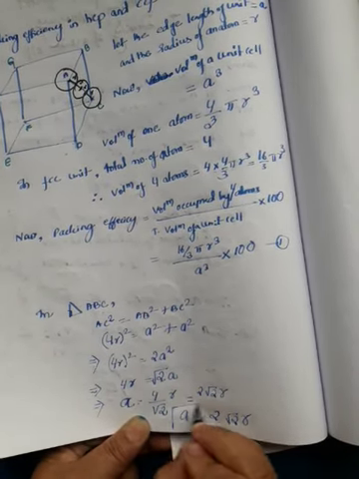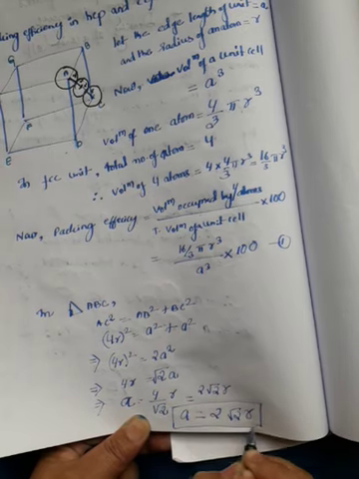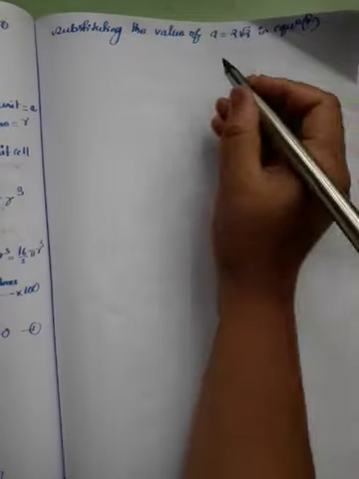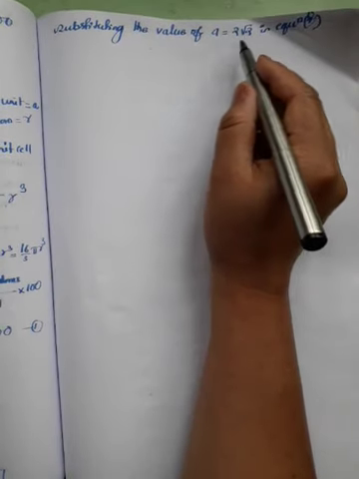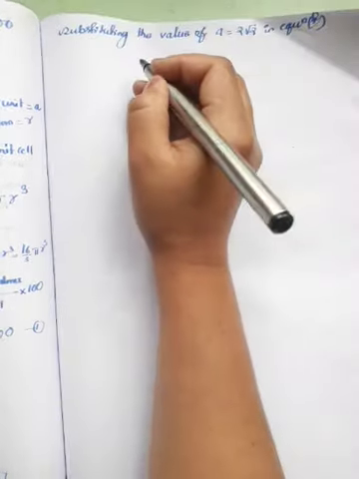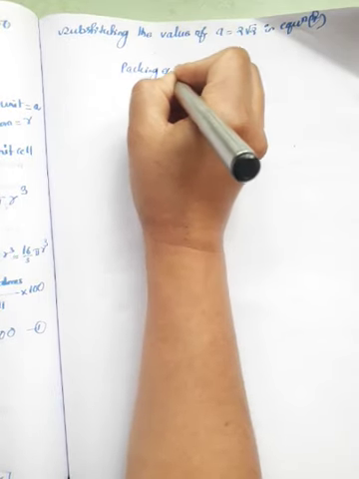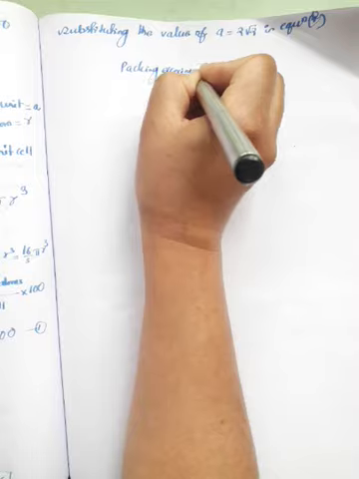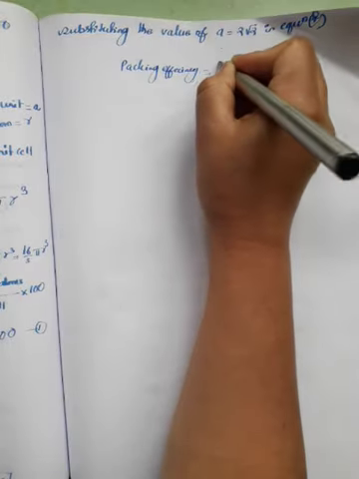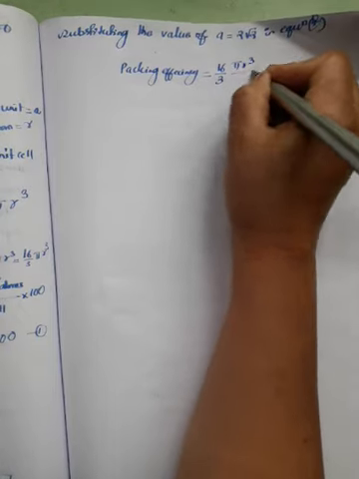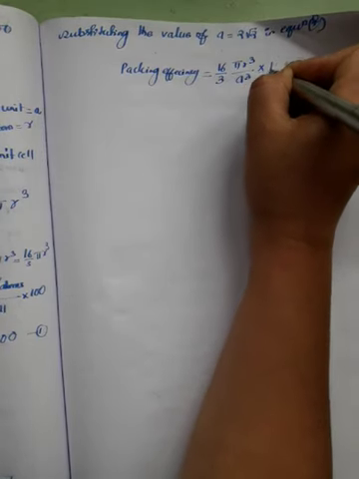So this relation you need in other types of calculation. You must remember this. So what did we get? a equal to 2 root 2 r. Now substitute this value in equation 1. So what was equation 1? Packing efficiency equal to 16 by 3 pi r cube by a cube into 100.